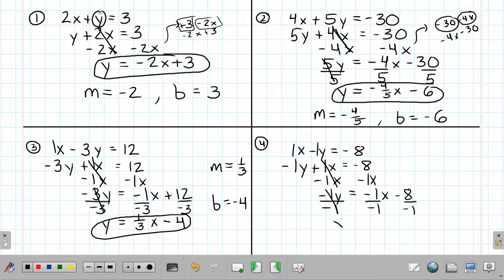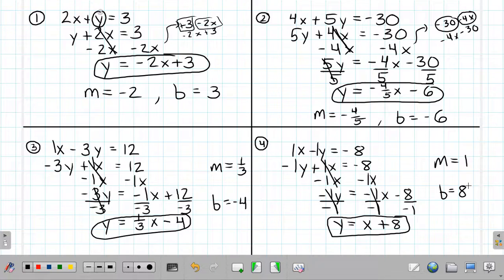So what we get here is y is equal to negative 1 divided by negative 1, you can think of those as they go away, or they get 1x. Negative 8 over negative 1 is a positive 8. So that's actually just the equation y equals x plus 8, where m is equal to 1, b is equal to 8.